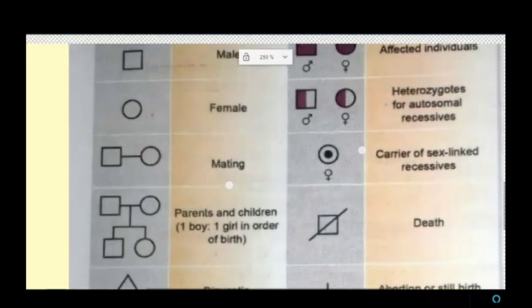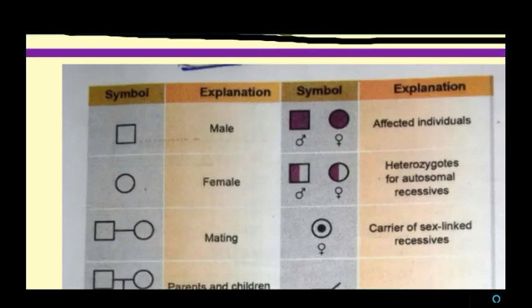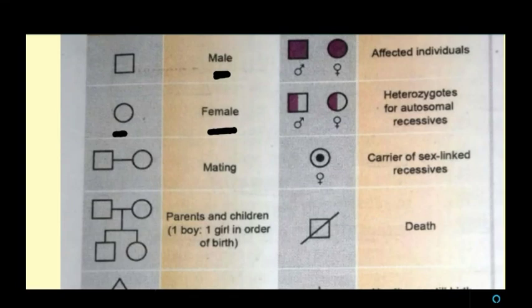These are the standard genetic symbols. With the help of the symbols only, they draw out the pedigree analysis, the family tree. First, the square indicates the male and the circle indicates the female. If your square and circle are connected, that is called mating, that is marriage.